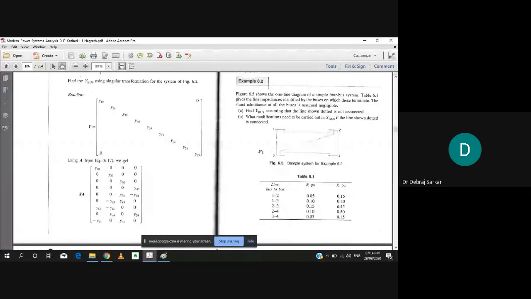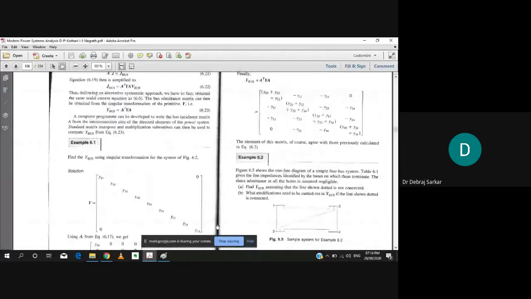Then when you multiply by the A transpose, they are getting the self admittances.